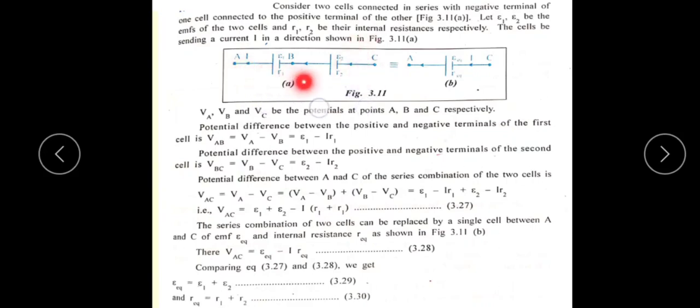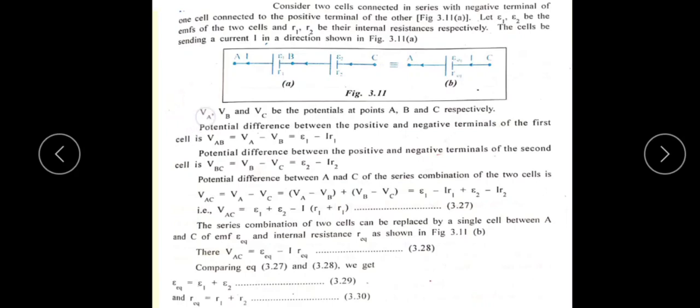This is the equivalent cell: if these two cells are replaced by one cell, we call it the equivalent cell, with EMF E equivalent and internal resistance r equivalent, and the current through the cell is I.